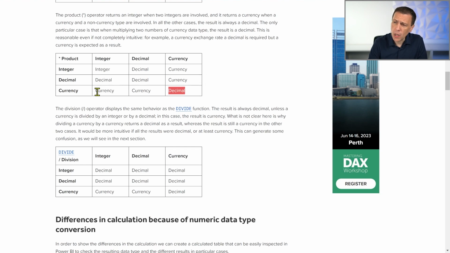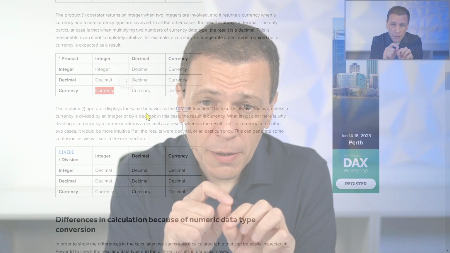Before we look at this result, just a quick mention: if we have a currency multiplied by an integer or a currency multiplied by a decimal, we have a currency as a result. What does it mean? Well, this is interesting because if you multiply currency by an integer, the result never produces an overflow error.